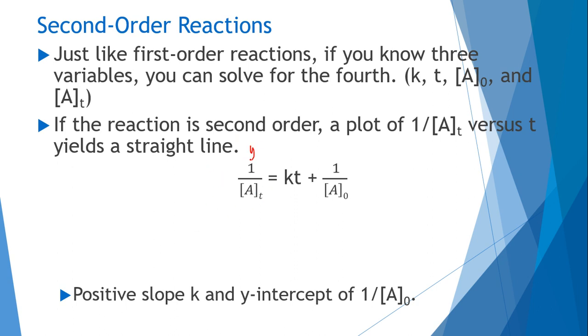Note that if we set this up as y equals mx plus b, my slope will be a positive k, so it's going to slope upward, and my y-intercept is 1 divided by our initial concentration. So typically you're going to see a graph where you see 1 divided by the concentration of A over t, and since this is a positive k, you're going to see this slope upward.